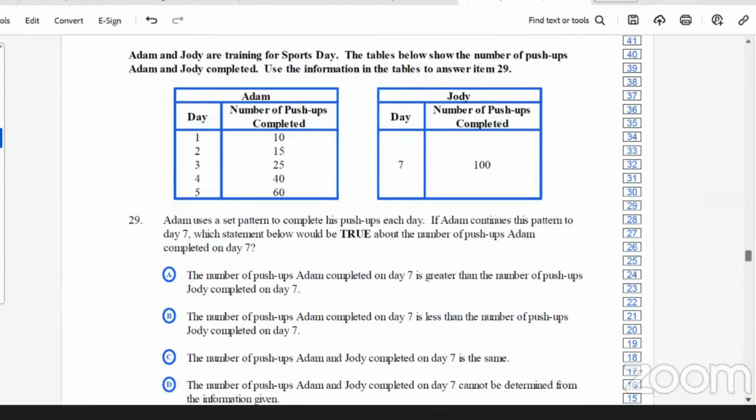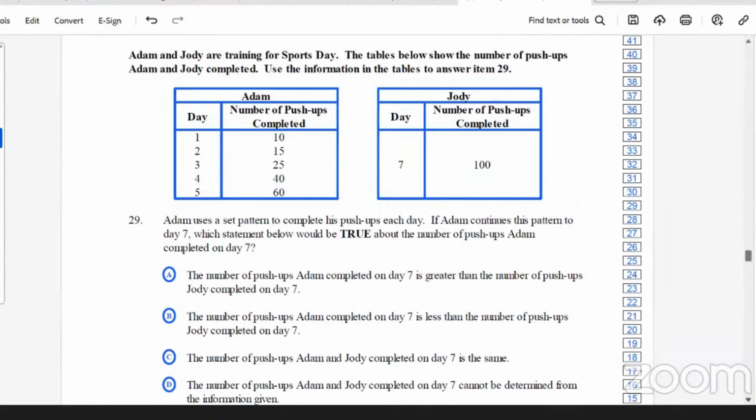If Adam continued this pattern to day 7, which statement below would be true about the number of push-ups Adam completed on day 7? So we have to know how many push-ups he completed on day 6, and also how many he completed on day 7.